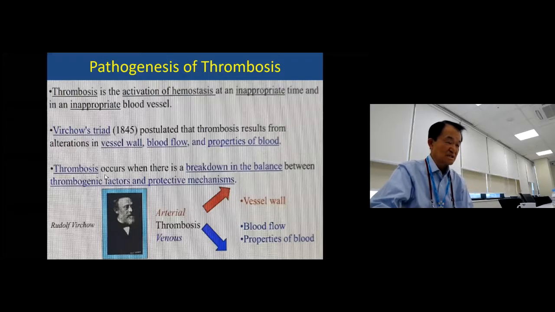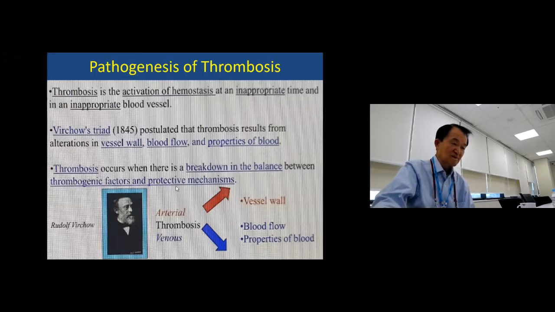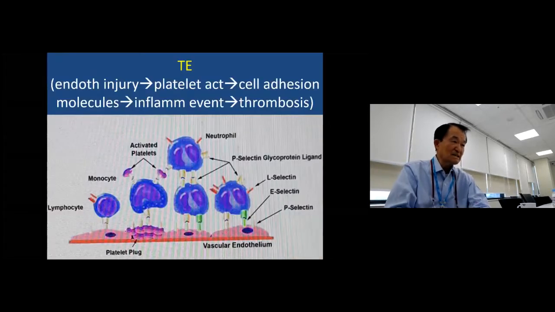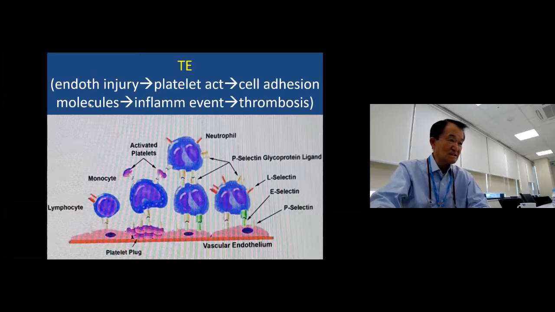So thrombosis is unbalanced thrombogenic factors and protective mechanisms. So there's always injury started and platelets accumulated that attach to the cell wall and some inflammatory process, and then makes finally fibrin and red cell thrombosis.